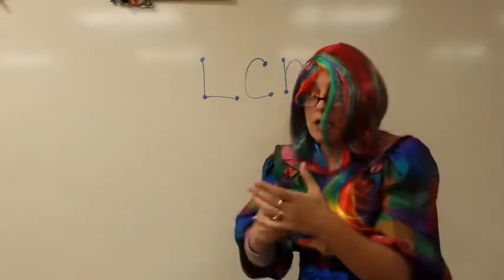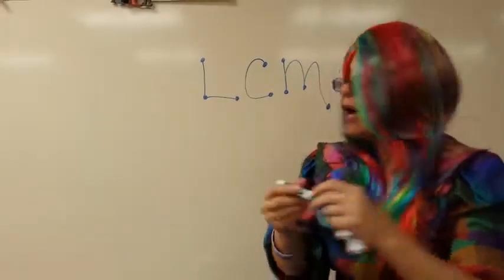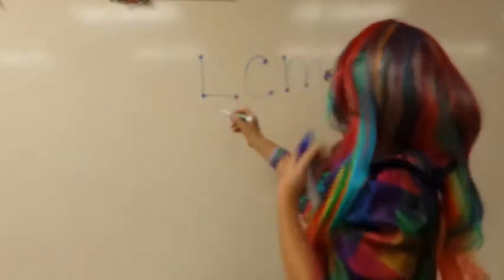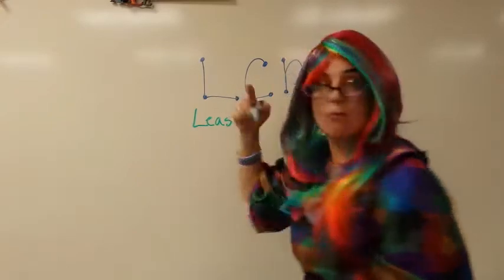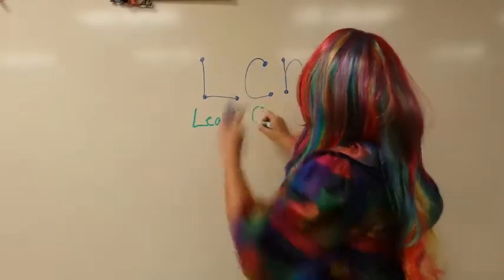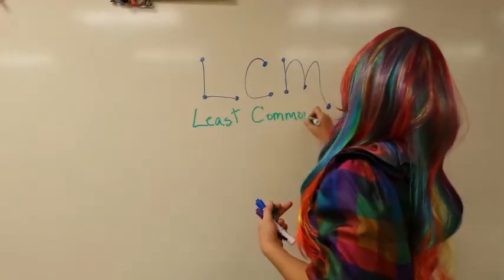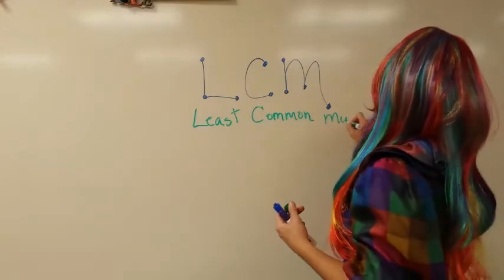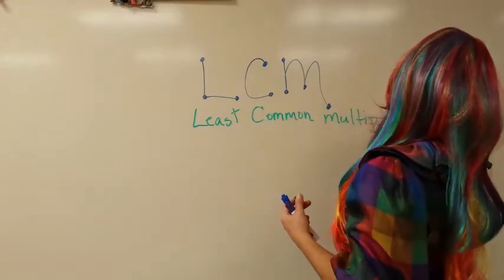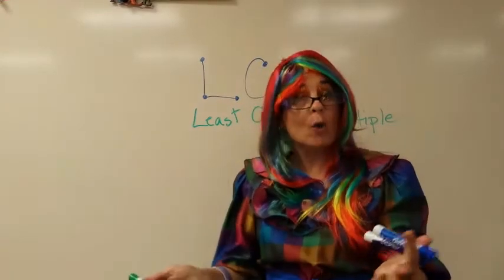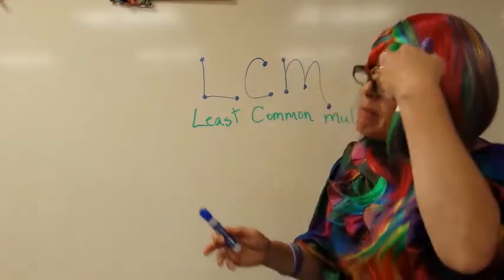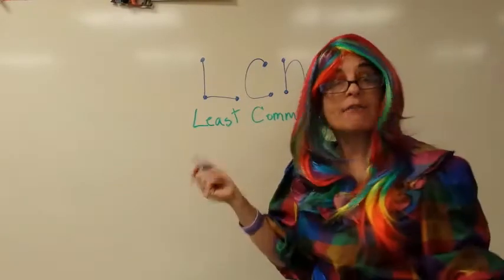So here we go. LCM stands for least common multiple, and you should be writing this down in your notes. We're going to find out how you find the least common multiple of a set of numbers.